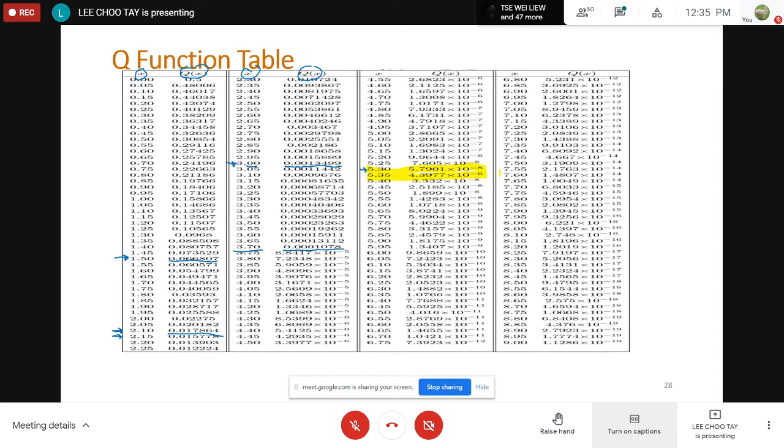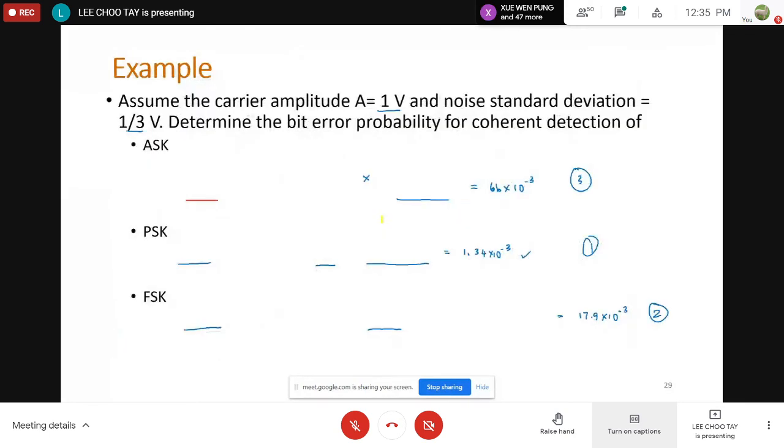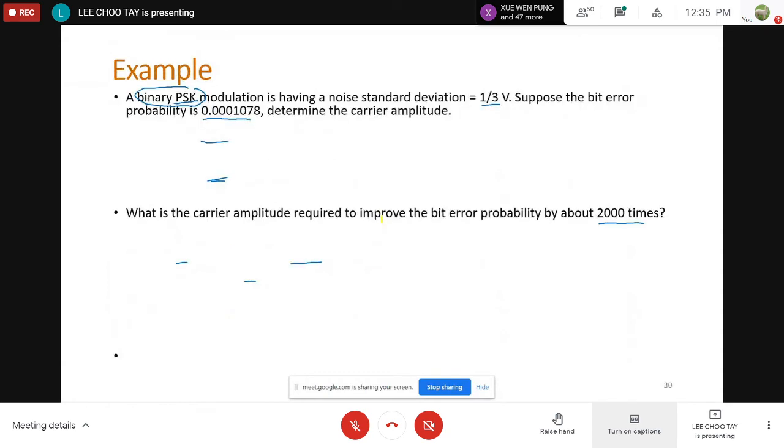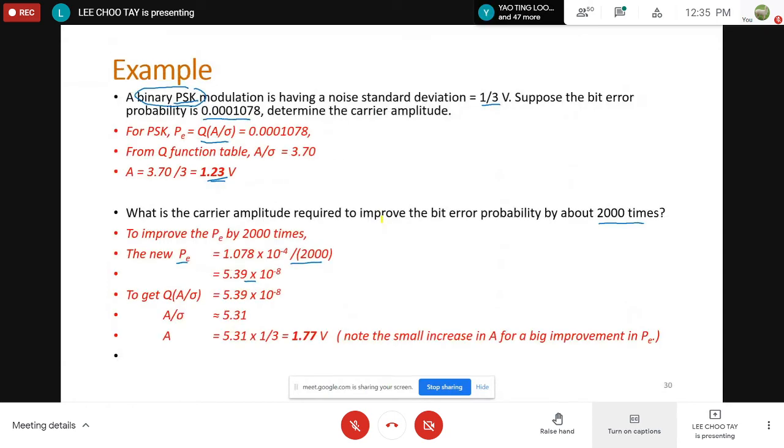Ours is 5.39, isn't it? So it's somewhere in between, and then you need to estimate. It's about 5.30 or 5.31. I think I'm safe to use 5.31. If you're not worried, you can use 5.3. No problem with that. So I'm going to use 5.31.